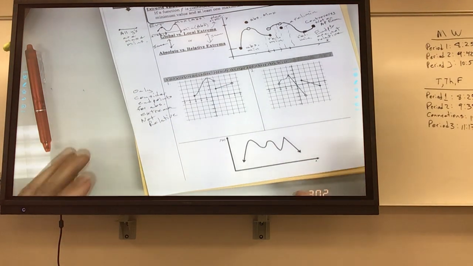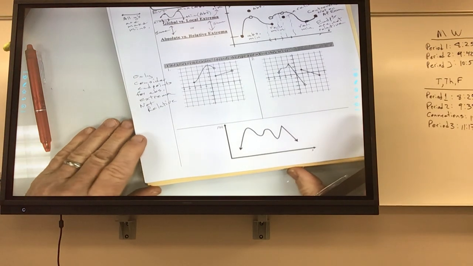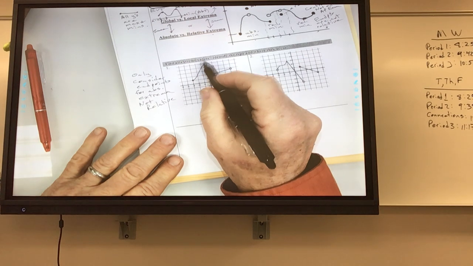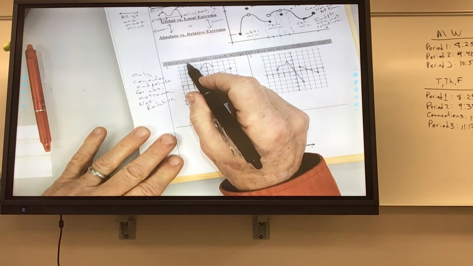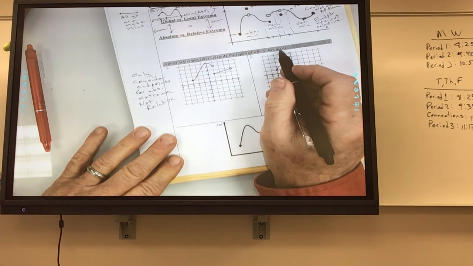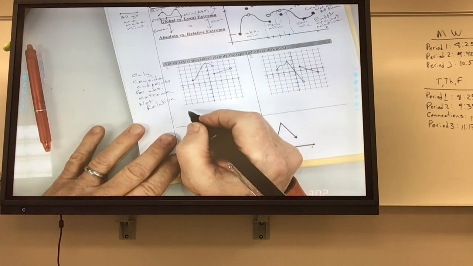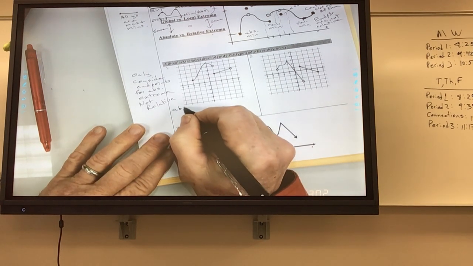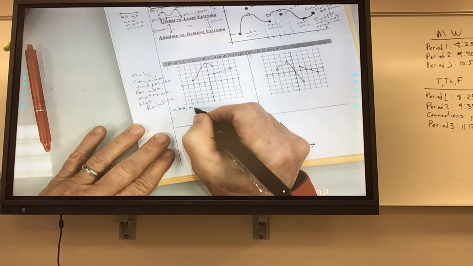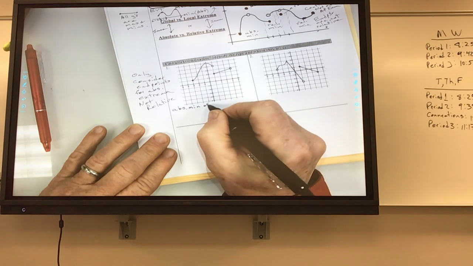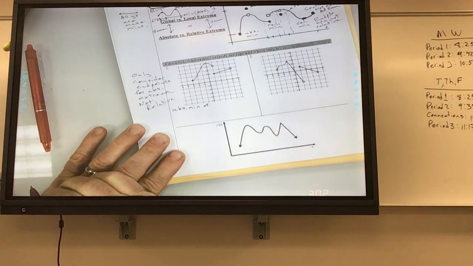All right. So this is how it says: find all extreme values. When it says extreme, they want absolute and relative. Identify the type and where they occur. All right, I am going to ask Callan. The absolute min of, so tell me what y value is the absolute min? 1.